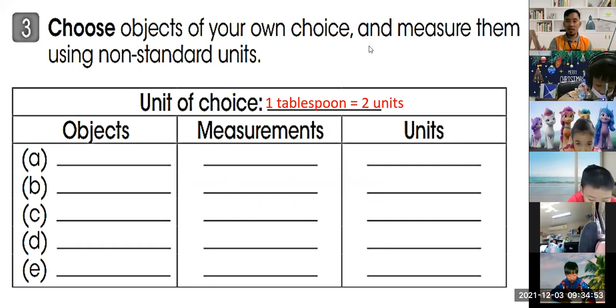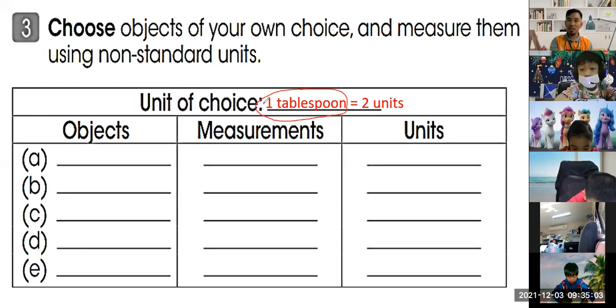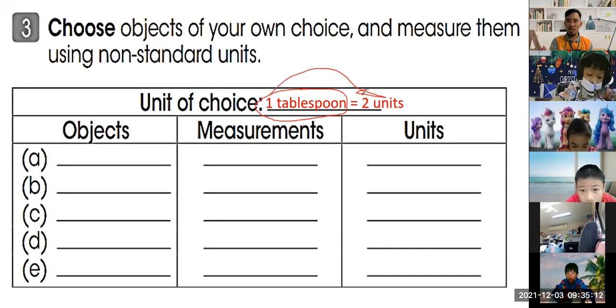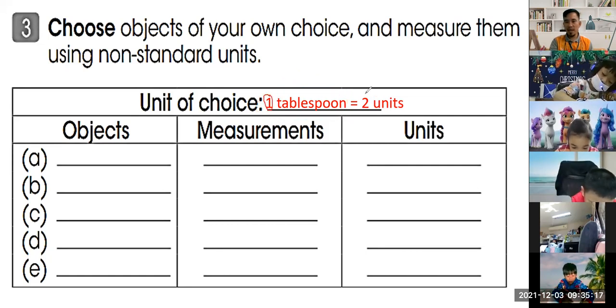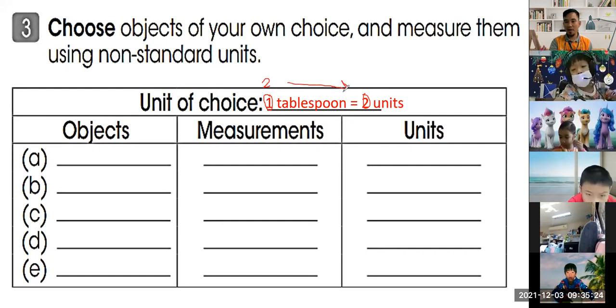The non-standard unit that I chose to use is the tablespoon. Teacher Gwapo will use a tablespoon. 1 tablespoon is equal to 2 units. If I measure 2 spoons, it is equal to 4.